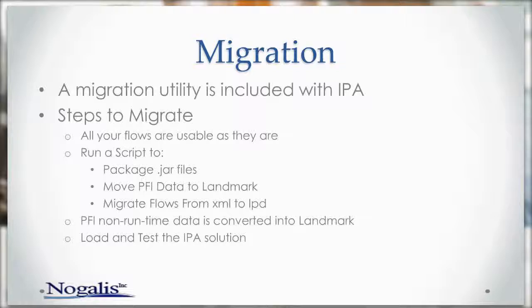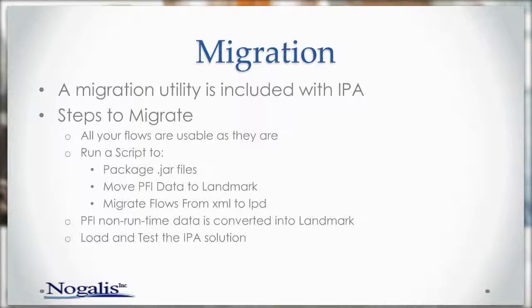Those are your XML files that are sitting in your PF repository directory, and it moves them into LPD format, but onto the actual database. So there's not going to be a PF repository directory anymore where these things sit. They actually just sit in the database.